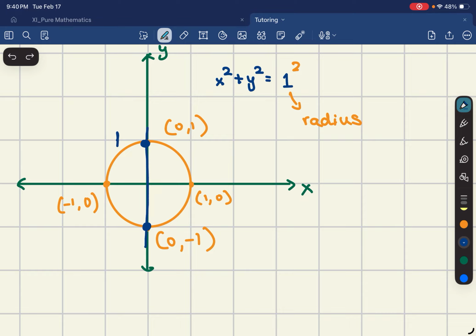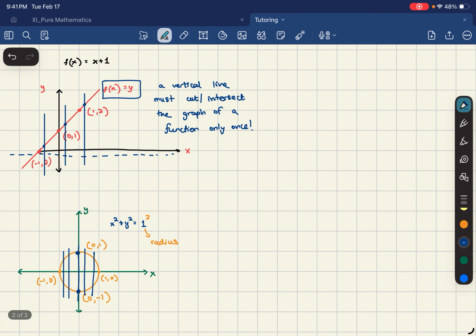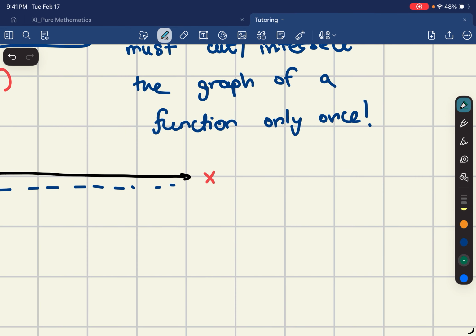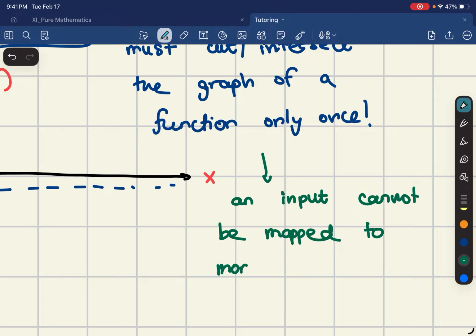But in general, the graph of this circle is not a function because it does not pass the vertical line test. And another way to phrase the vertical line test is that one input cannot be mapped to more than one output.